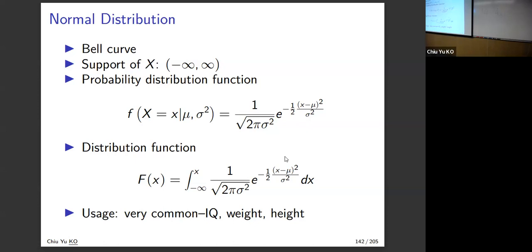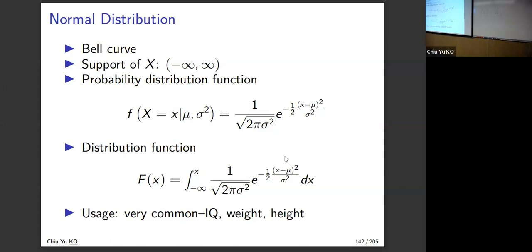What do I mean by that? Look at your IQ. How is your IQ determined? It depends on your DNA, your parents' IQ, your great-grandparents' IQ, where you study, what you study, what food you eat, maybe also the location of the stars, right?